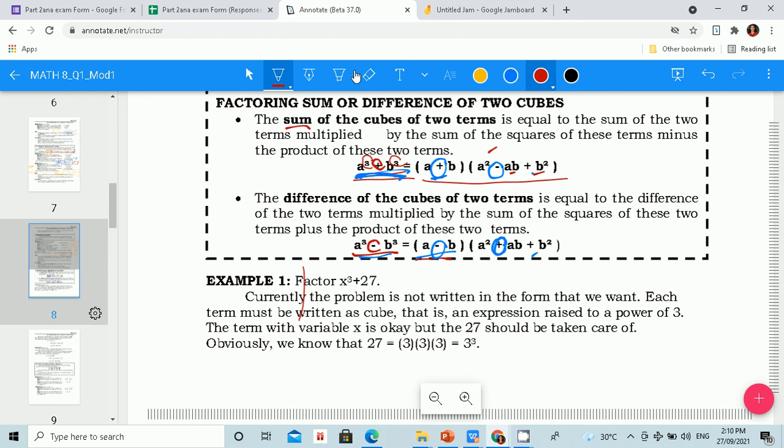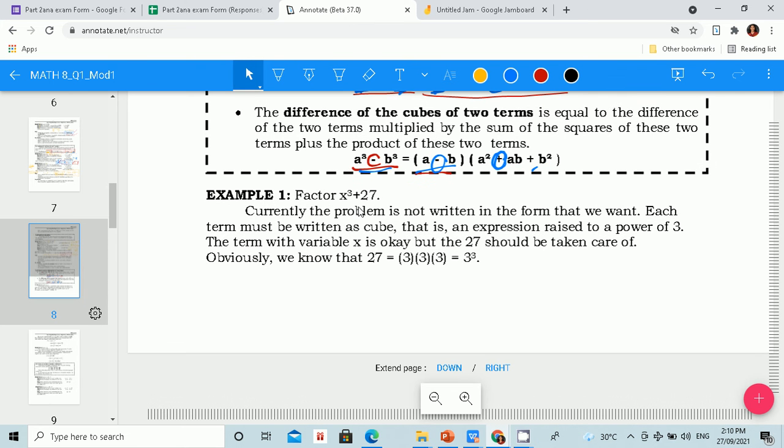Okay, so this time we are going to factor x cubed plus 27. At first, class, is 27 a perfect cube? Okay, so we can rewrite it. That is positive, so this is the sum of two cubes.